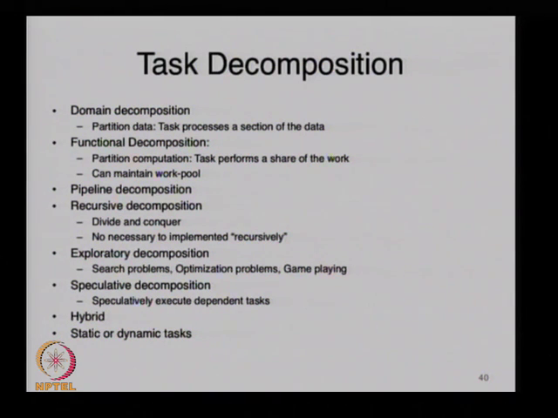Functional decomposition is, again, we've looked at examples. If it's clear from the task that you're doing function 1 and function 2 and function 3, and they can be done in parallel, then you do them in parallel. So this is functional decomposition.